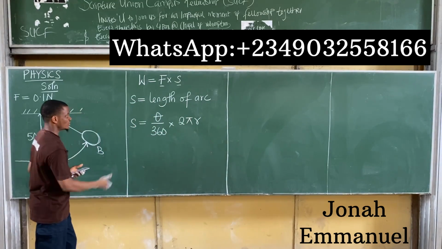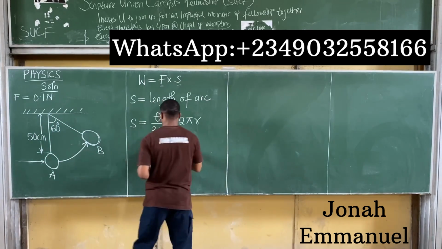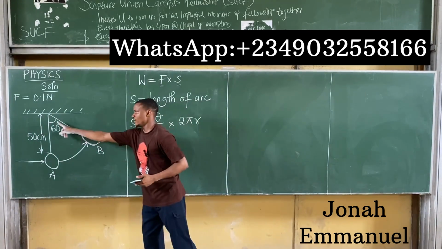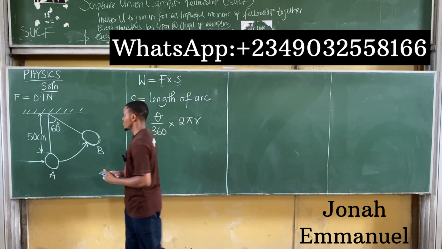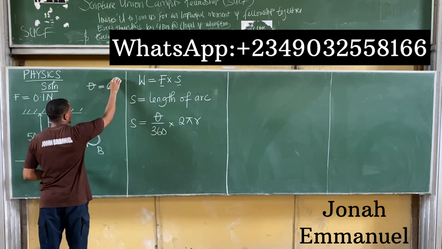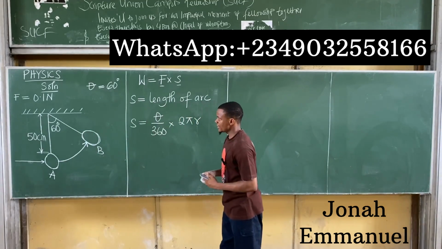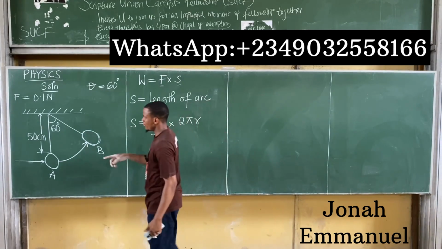So this is the formula for the length of an arc. The theta here refers to this angle, which is 60 degrees. You can say theta is equal to 60 degrees. R, what's the radius? Now, here's one thing to note.